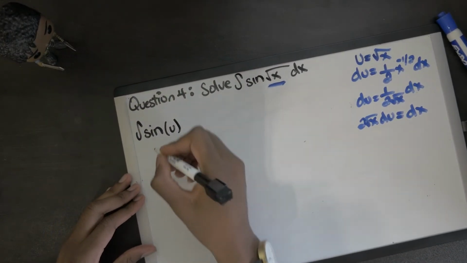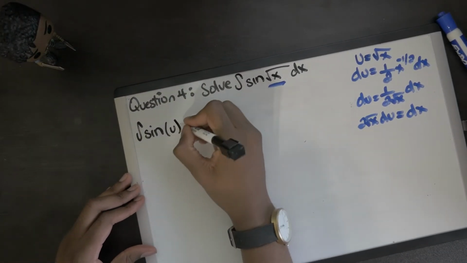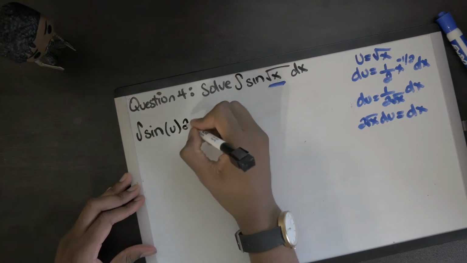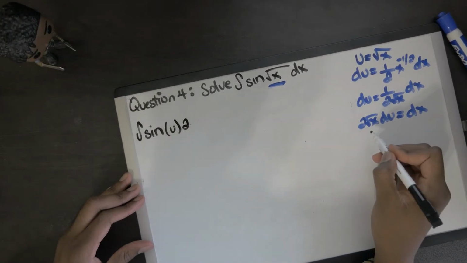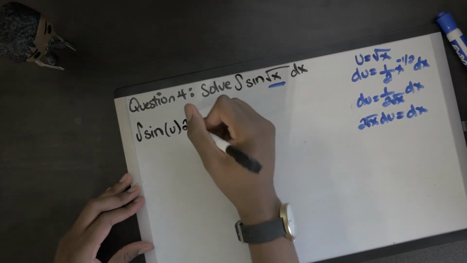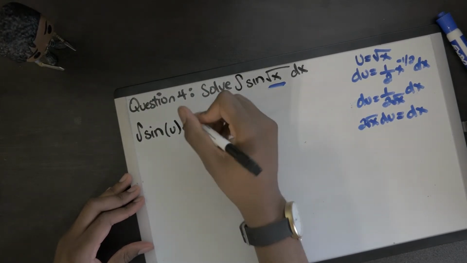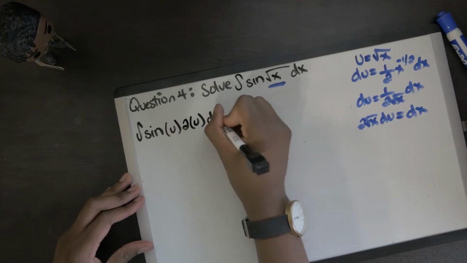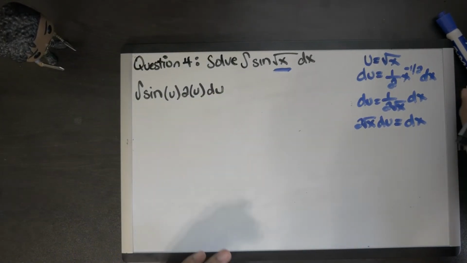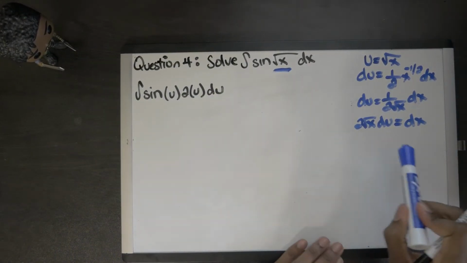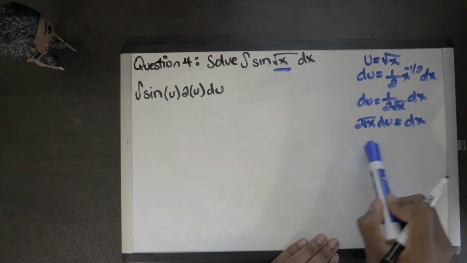So we substitute that back in. We're going to have 2, and then the root of x is actually u, so we can say 2u and du.